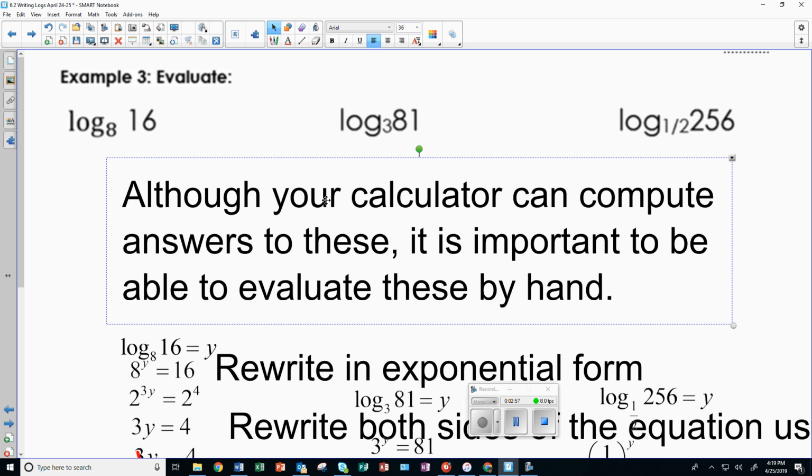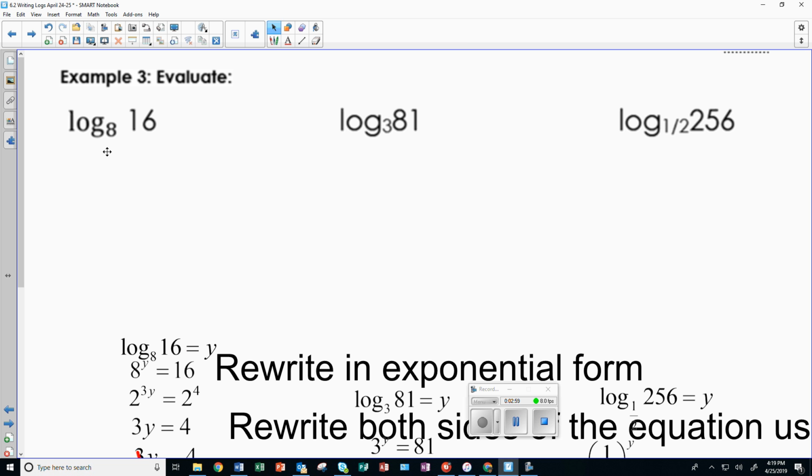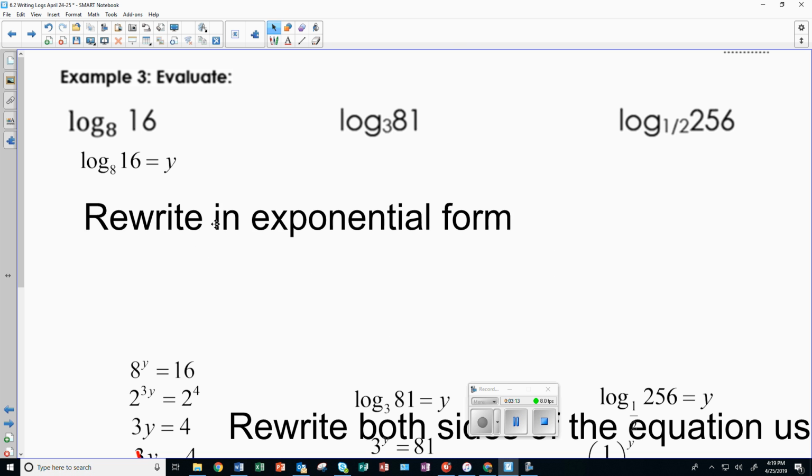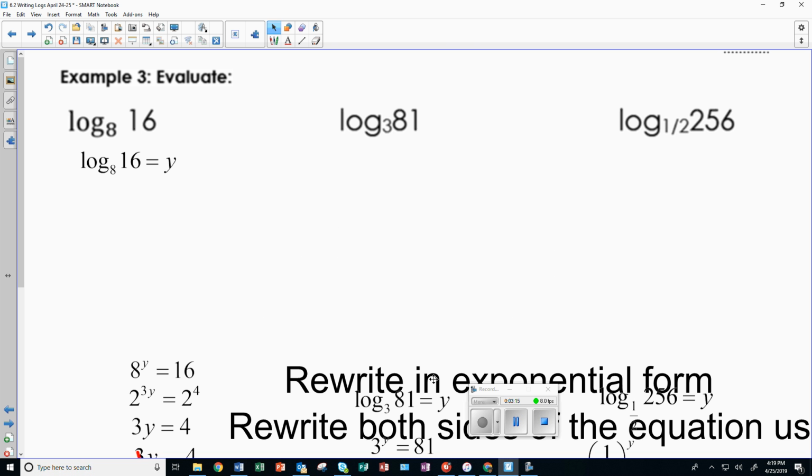Just thought I would make that known. All right, so let's say we're doing the log base 8 of 16. First thing I would do is, I don't know what that is, so I'm going to put a y in for the answer. But now that I have it here, I can rewrite it in exponential form.